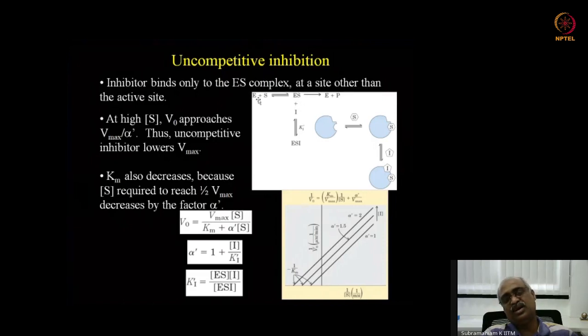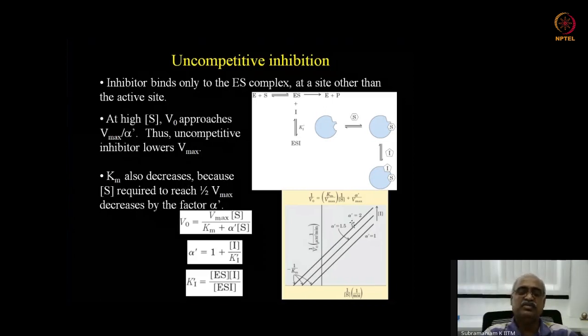So this forward reaction like K1 rate constant, this one will be enhanced. And due to that, the Vmax is going to decrease by that factor. And which means Km also is going to decrease because the substrate required to reach half Vmax is also going to decrease. So due to that, Km, Vmax, they both change by the same factor, that alpha prime.